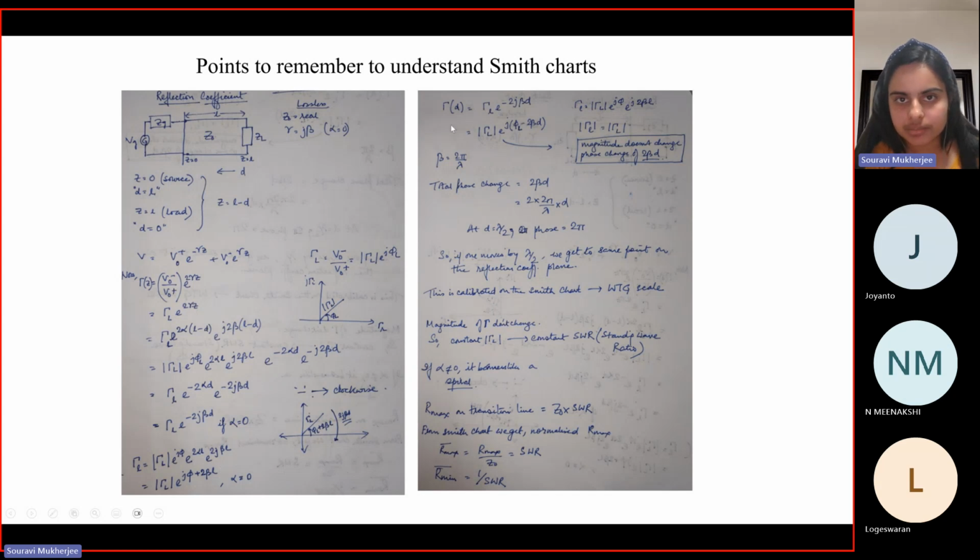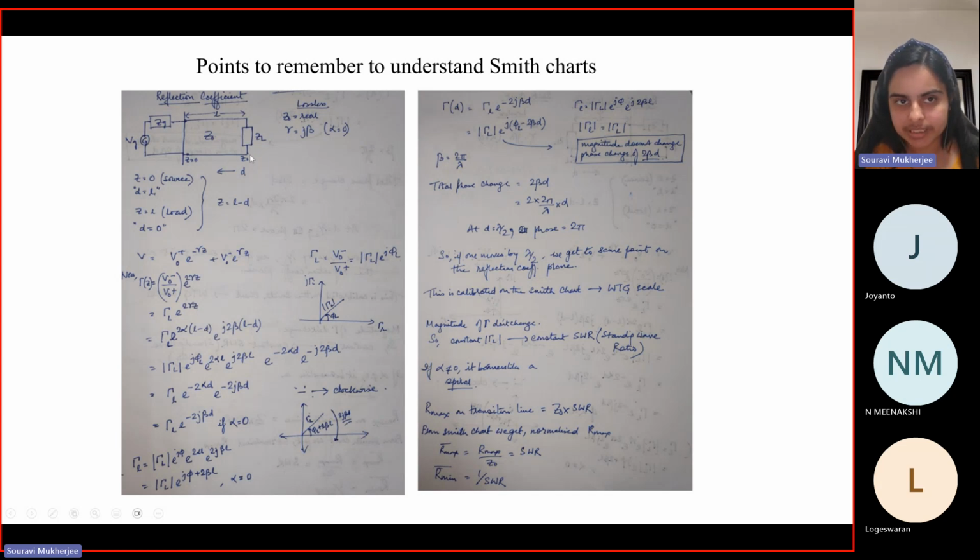So you can write the reflection coefficient at any particular D location on the transmission line by this relation. As you move, if you now start at the load, there the reflection coefficient is given by this relation, which has some phase phi l.